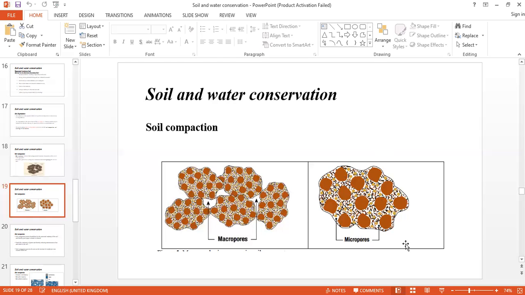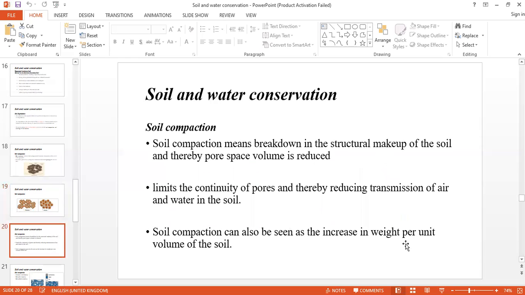So those are the two types of pores and their functions. Now that we know that, soil has these pore spaces in between, and these pore spaces are meant to transmit water, store water, and also transmit air.